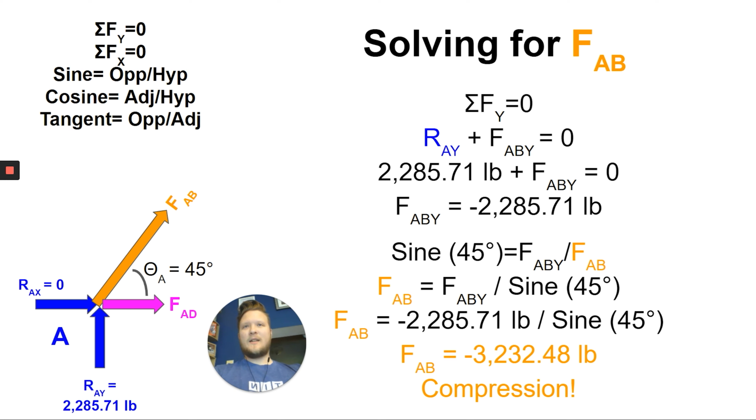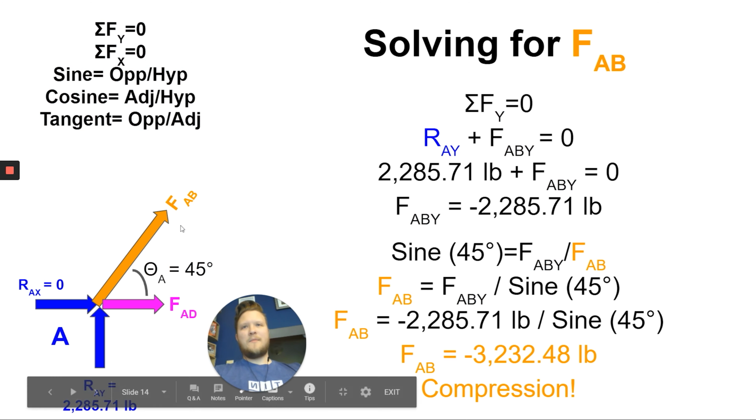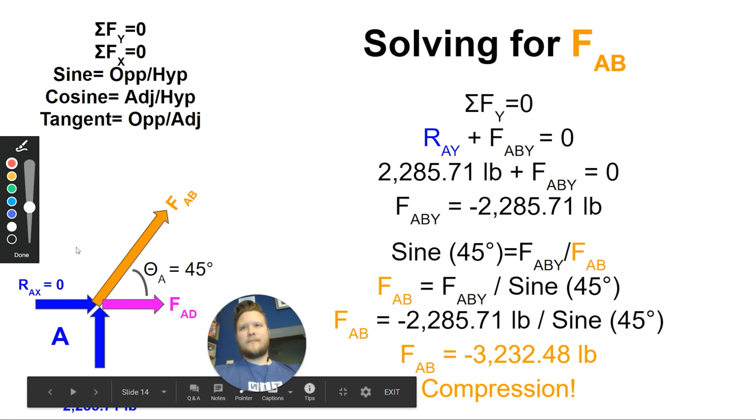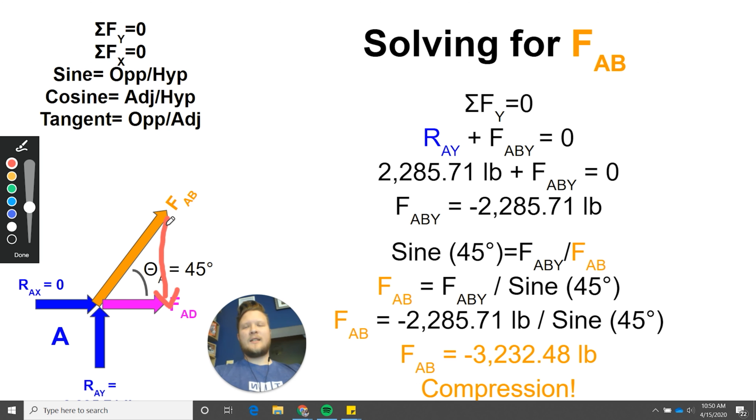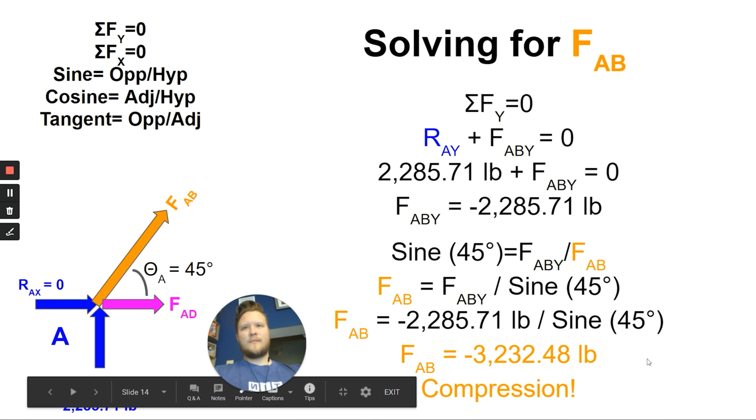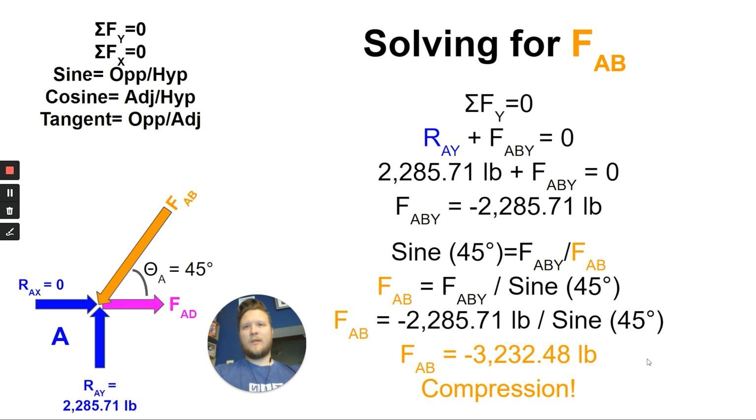So when it's in compression, we have to flip this arrow. Since FABY has to be going down, the only way this can still be going down along this path is to get this arrowhead on this end. So we physically flip which direction our arrowhead is pointing for our vector.